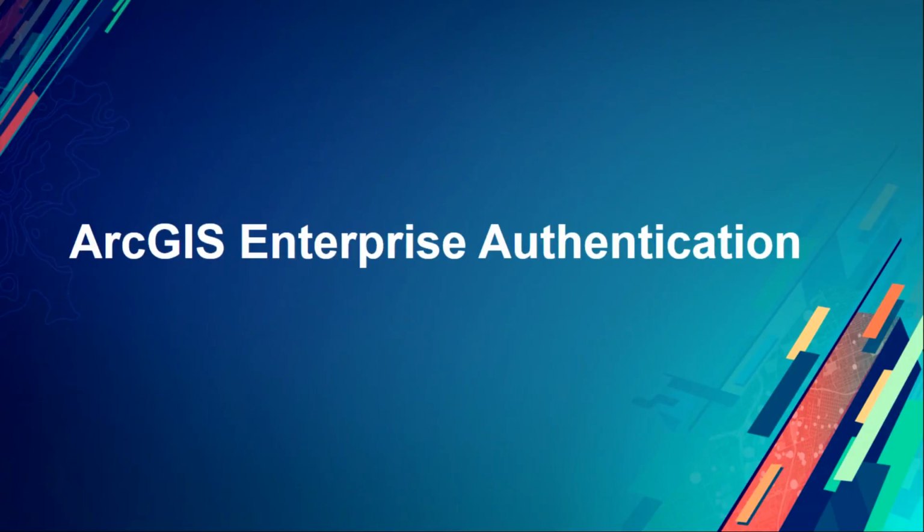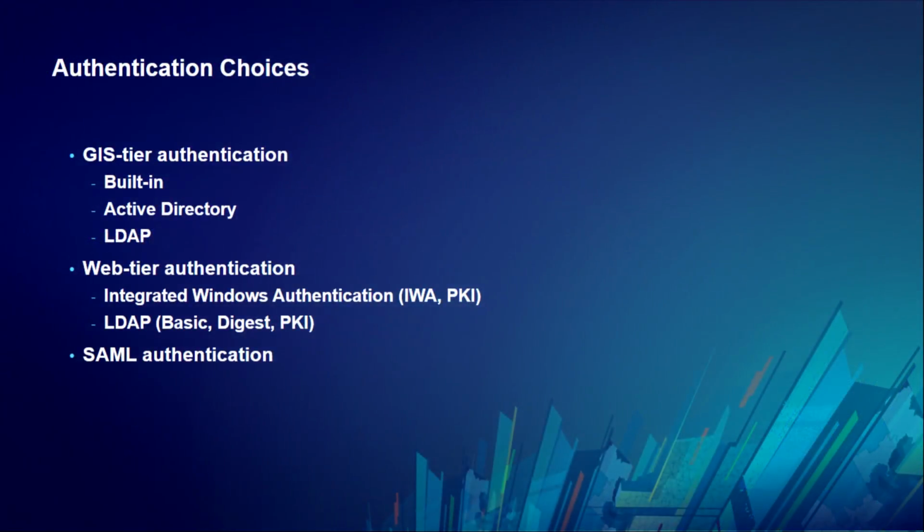All right, so let's talk about ArcGIS Enterprise authentication. Basically within the enterprise, you have, I don't know if it's fair to say, 3 types of authentication methods. At least that's how we're covering it today. But basically, you can authenticate at what we call the GIS tier. And what we mean by that is you get to the portal login screen, and you log in at that point.